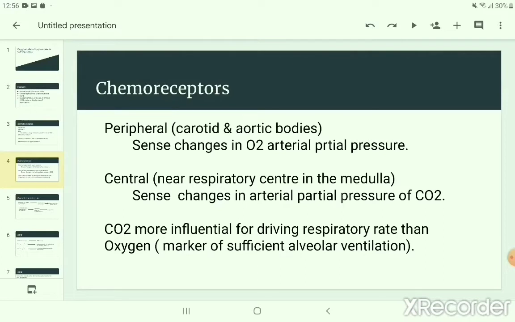But the most important factor which drives the respiratory rate is carbon dioxide, which is sensed by the central chemoreceptors. So normally we can say that the central chemoreceptors play a major role in increasing or decreasing respiratory rate in response to an increase or decrease in carbon dioxide level in the arterial blood.